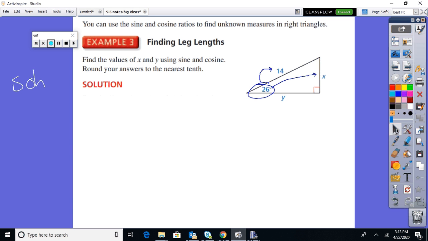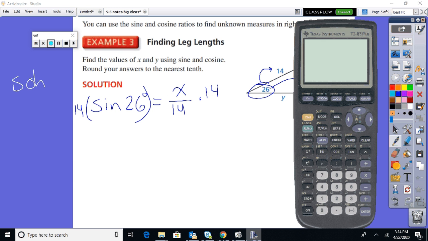All right, so we've got, remember the word comes first. So sine, or the abbreviation in this case, then the angle, 26, equals x over 14. Opposite over hypotenuse. So now my variable's on top, so this is the easier method. You just got to multiply both sides by 14. And you can do this all in your calculator. So let's pop up a calculator here.